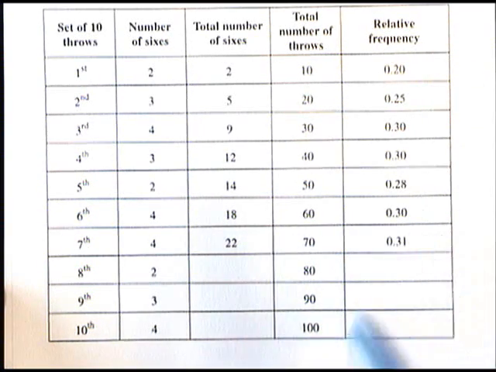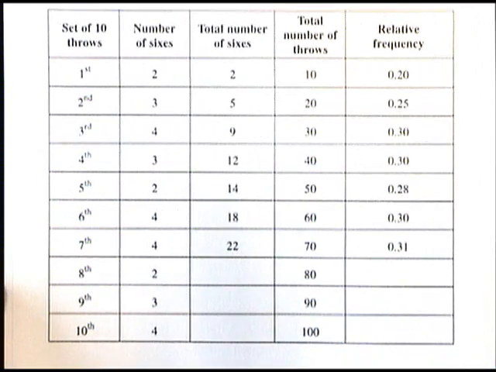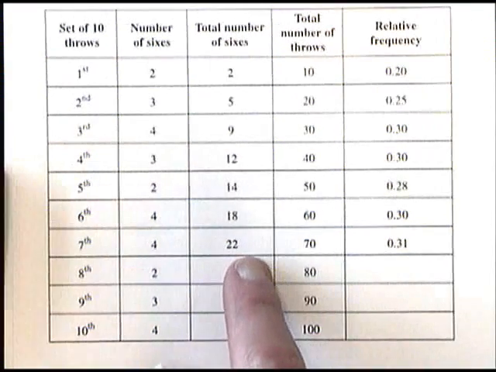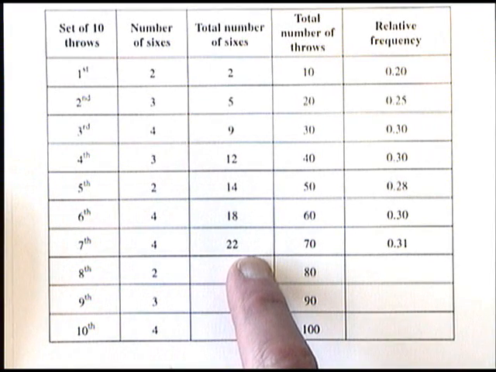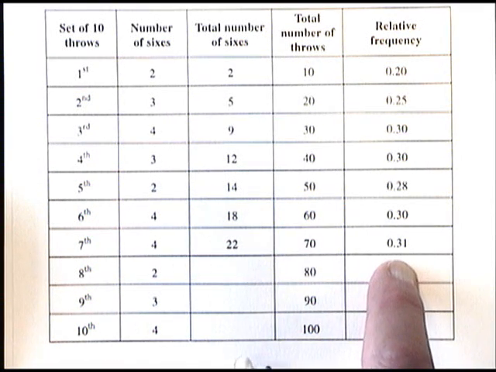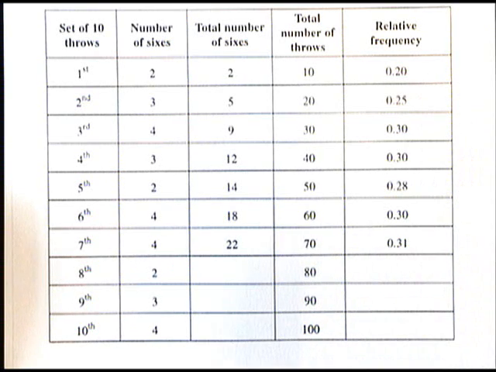Now the numbers over here, the relative frequency, that is just the number of 6s you've had altogether divided by the total number of throws there have been. So here, if you do 22 divided by 70, that's what your calculator should give you. And that's working out everywhere on that row. It's the same thing.